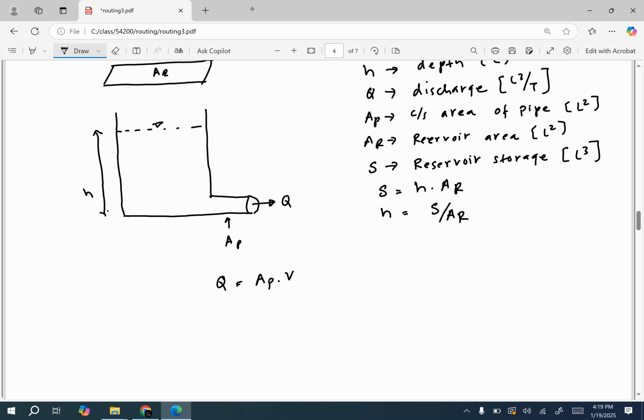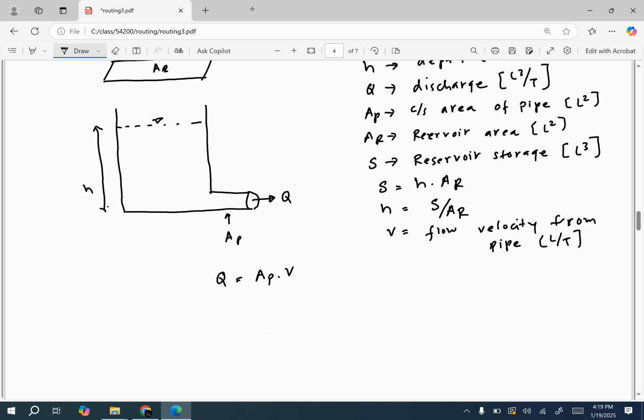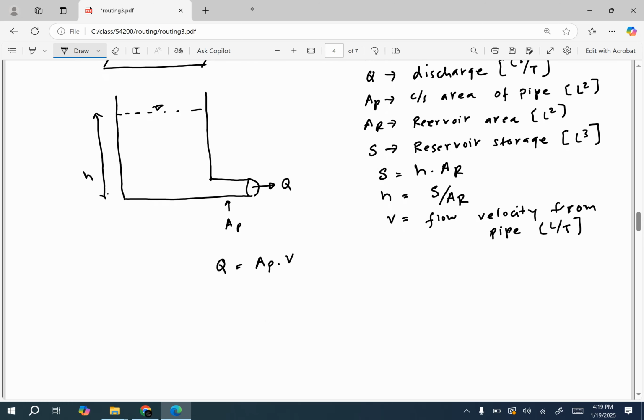V is the flow velocity from the pipe, and it has dimensions of L over T. From hydraulics, we know that the expression for V is the square root of 2GH.